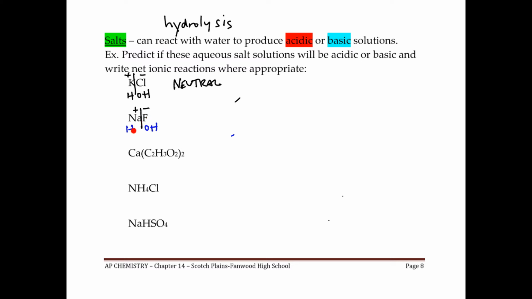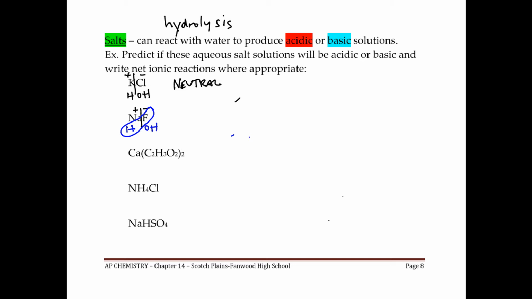So F minus does want to grab the H plus, whereas NaOH is strong, so the OH and the Na will not go together. So now what you realize is that the F minus is going to take the H from water to form HF, and this helps you to write the net ionic equation.